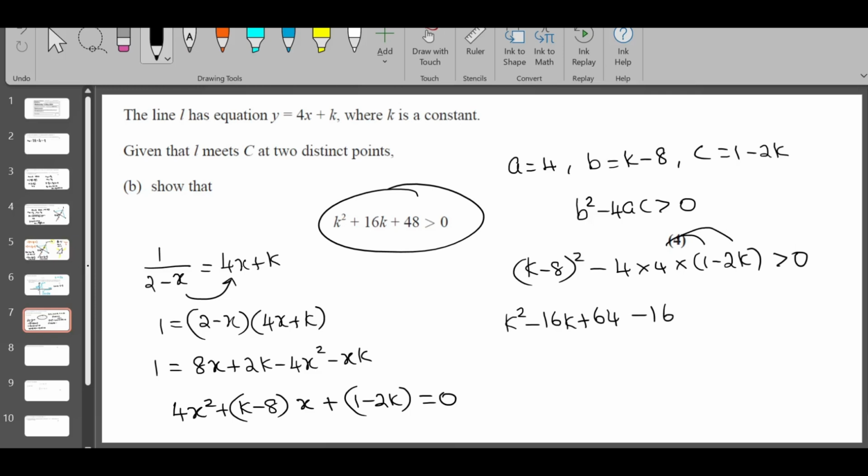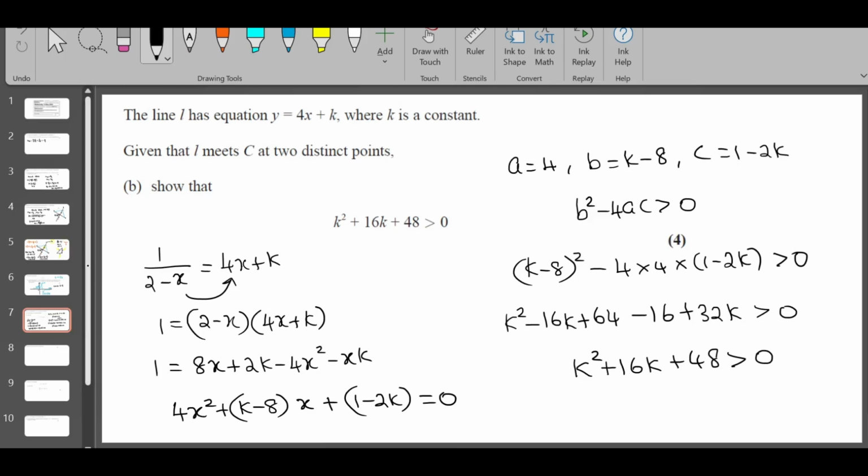So we'll get minus 16 plus 32k is greater than 0. So we'll get k square plus 16k plus 48 is greater than 0. That's all. It's a 4-mark question.